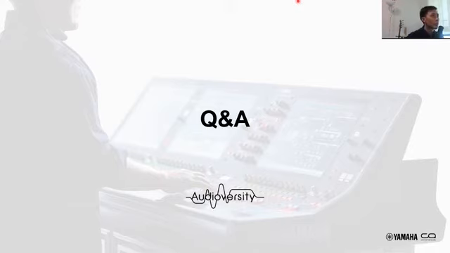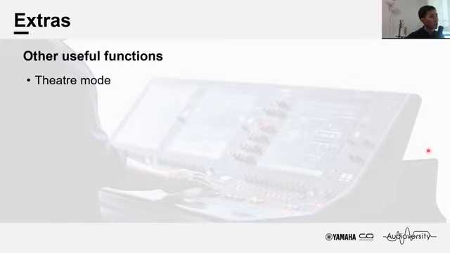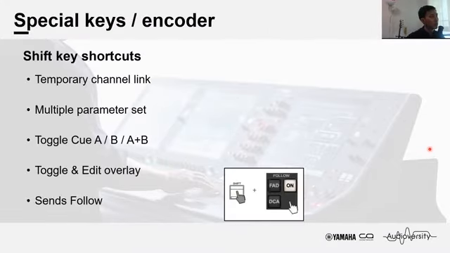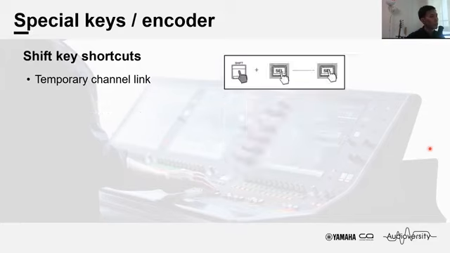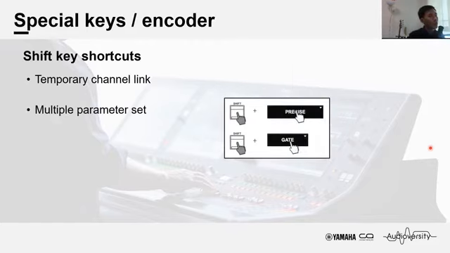You can use either the temporary channel select, or you can use the temporary channel link here. So you can hold shift down and select all, let's say you have 16 drum channels, you can select all 16 drum channels and do your changes from there, or you can set multiple parameters.